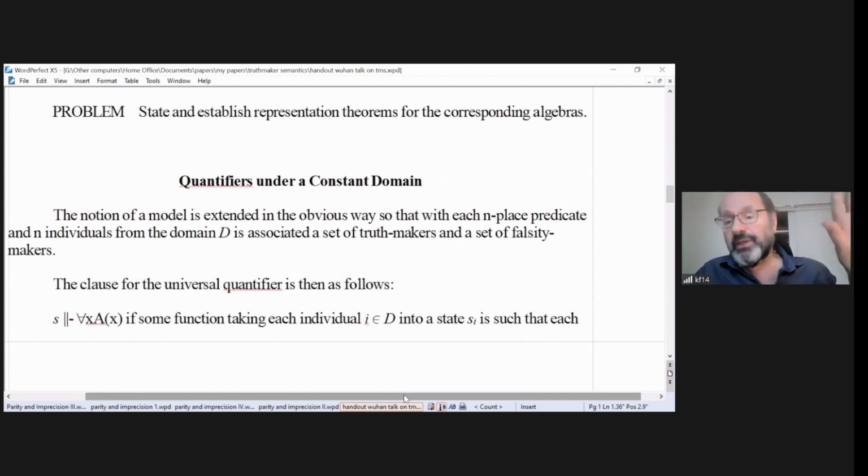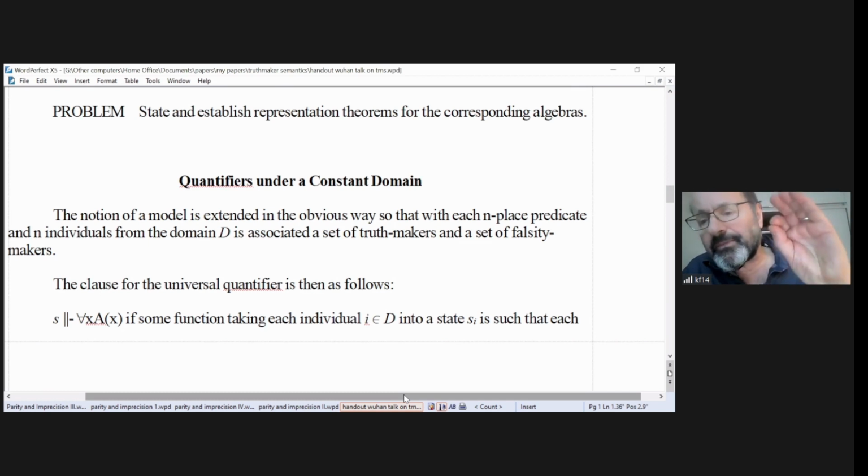Also, the valuation must tell us what the semantic content of a predicate is, not just a sentence letter. And it does this in an obvious way.